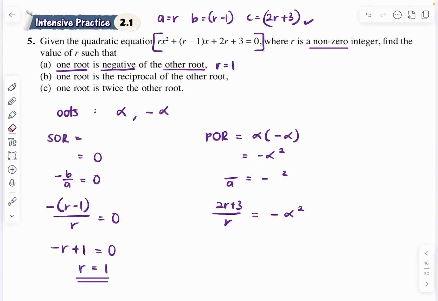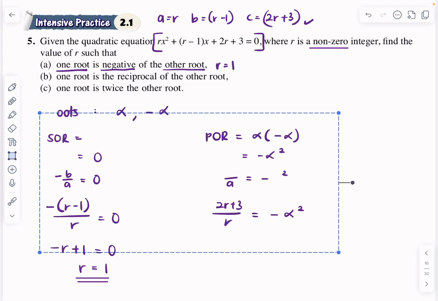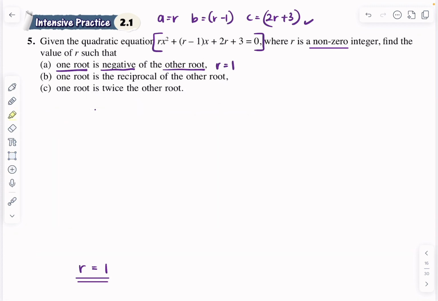Let's look at B. One root is the reciprocal of the other root. Okay, reciprocal means one root is alpha, one more is 1 over alpha. This is reciprocal.